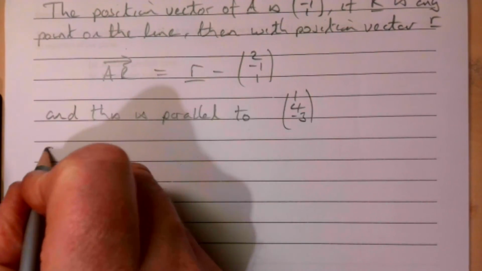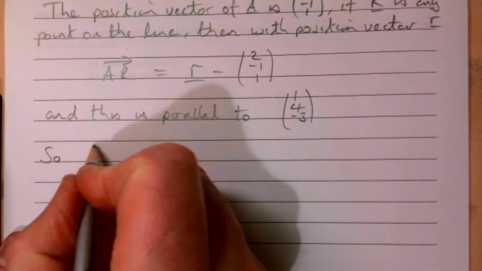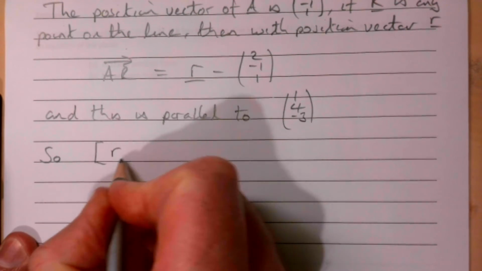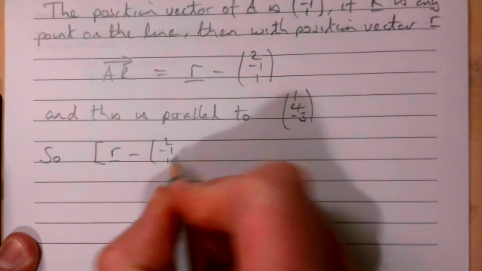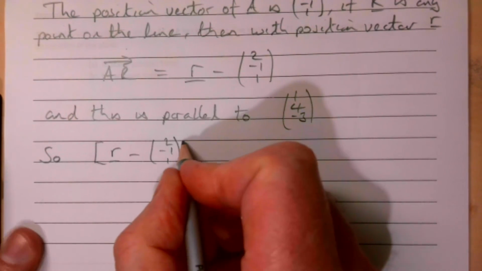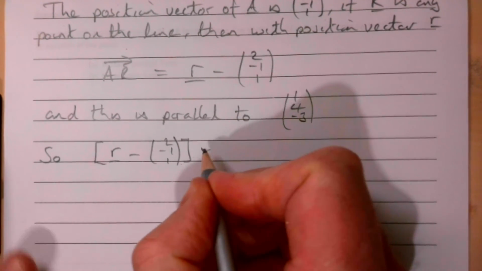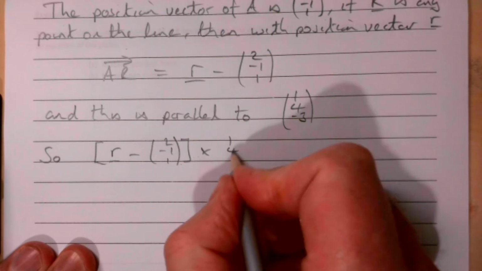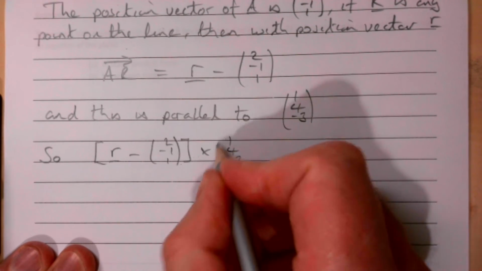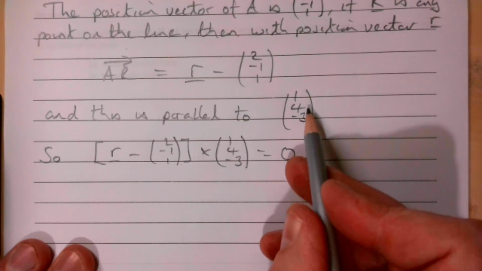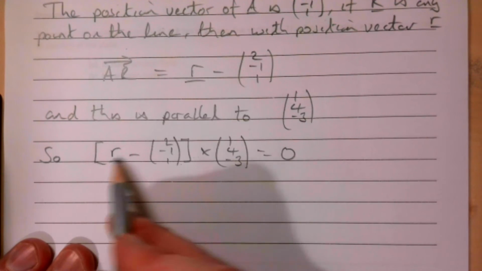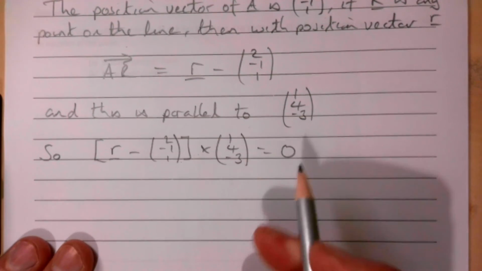So that means (r minus (2, -1, 1)) cross (1, 4, -3) equals 0. So what we're saying is, if two vectors are parallel, then their cross product is 0. So we know this one is parallel to this, so we put it equal to 0.